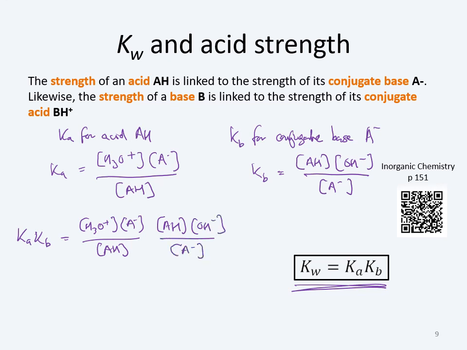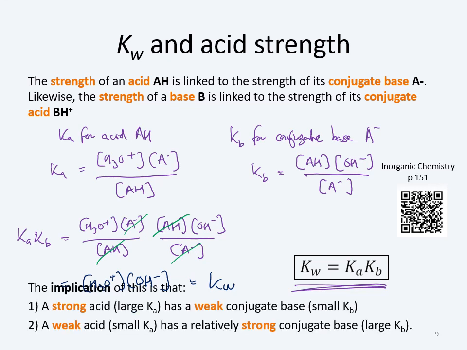Sorry about the wonky bracket. Now let's do some cancelling. The concentration of A- divided by the concentration of A- is 1, and likewise the AHs cancel. That gives us the concentration of H3O+ times the concentration of OH-, and that is equal to Kw.